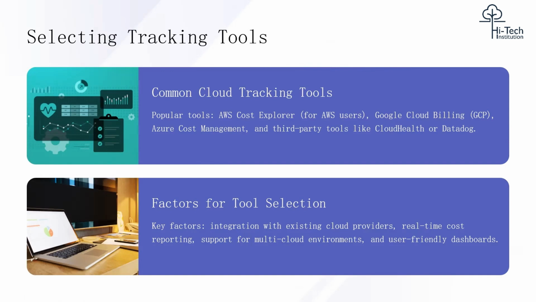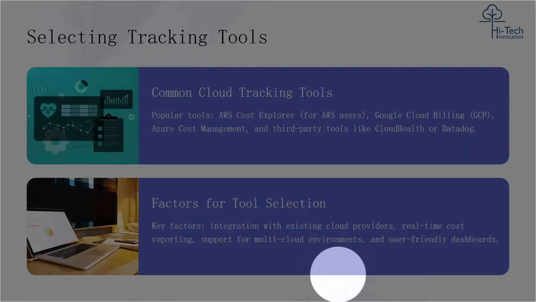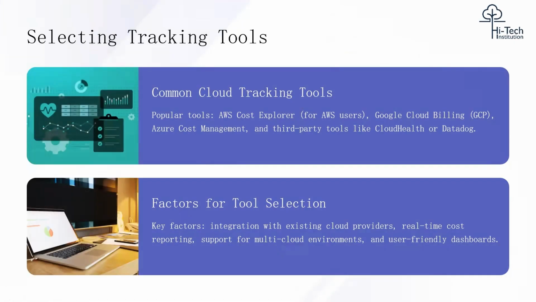How would companies choose the tool? First they would check: does it support a multi-cloud environment? Is it real time, or does it just have a user-friendly dashboard? Can the finance team understand it? Because the finance team isn't aware of the technical resource details, they check whether the billing is easy to see.